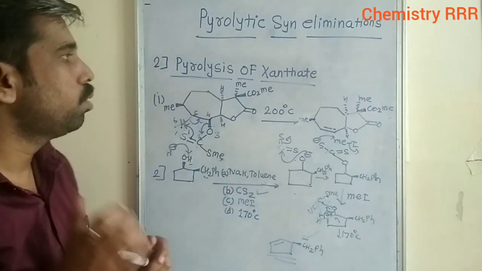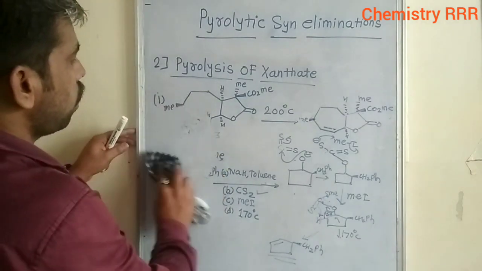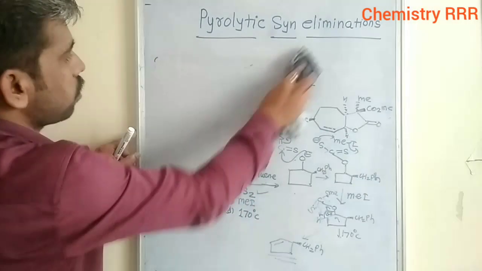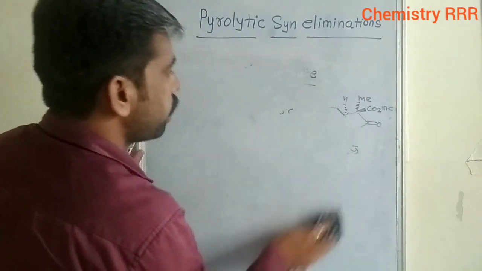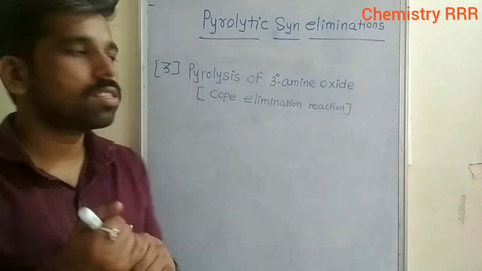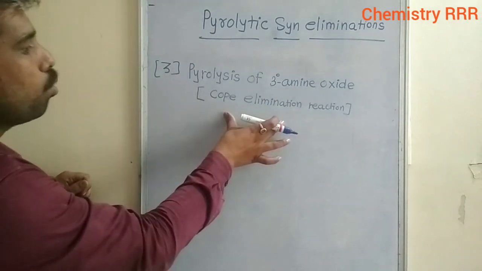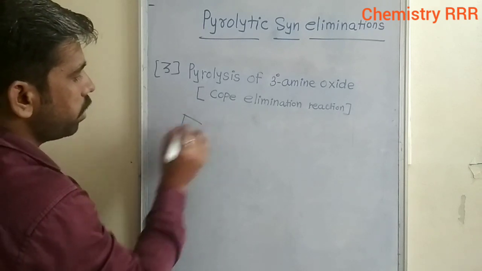Okay, now let's discuss pyrolysis of amine oxide. Pyrolysis of amine oxide, which we also call Cope elimination. Let's discuss pyrolysis of the tertiary amine oxide, that is the Cope elimination reaction. Let's take an example.